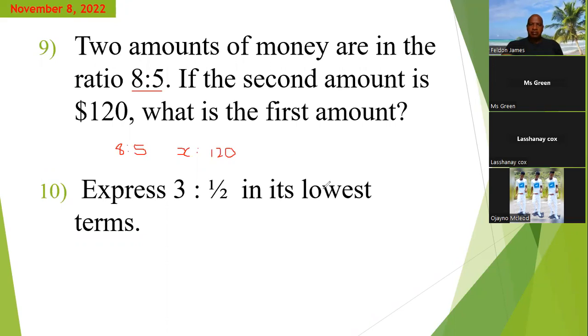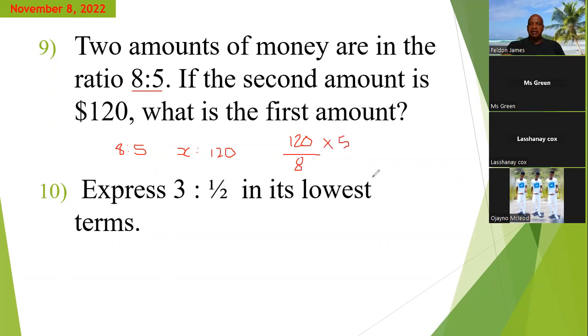Sir, we never do it like that. All right, just explain how you did it. Okay, sir. So I put the 120 over 8 times 5 and then I cancel. All right, so it's 120 over 8, and just times 5.